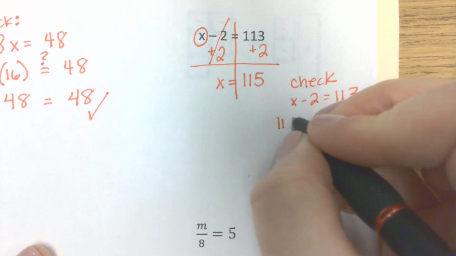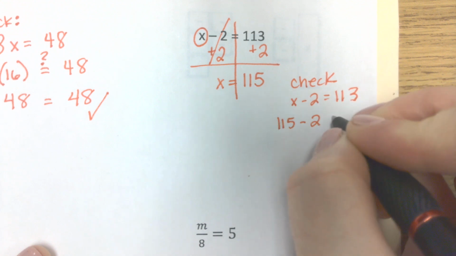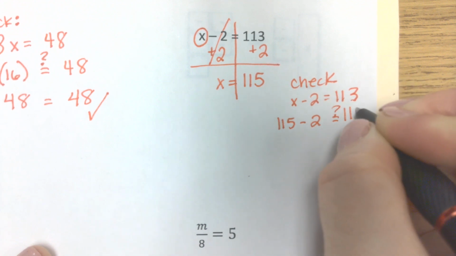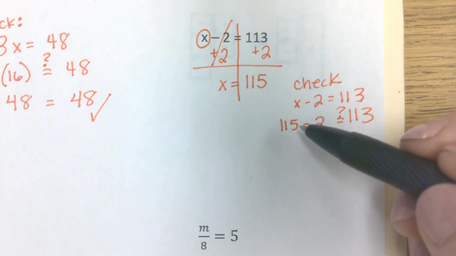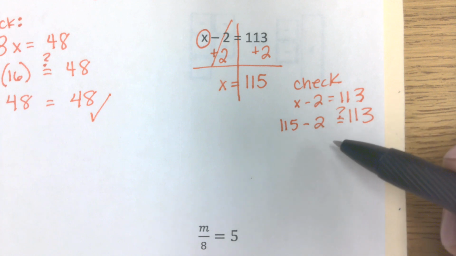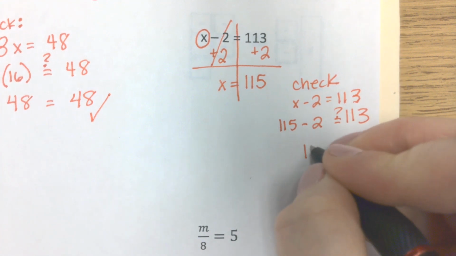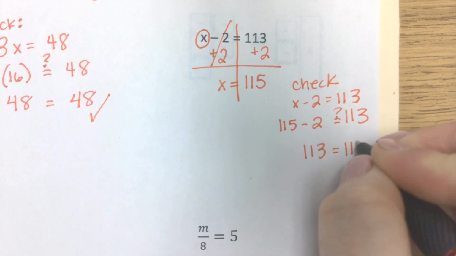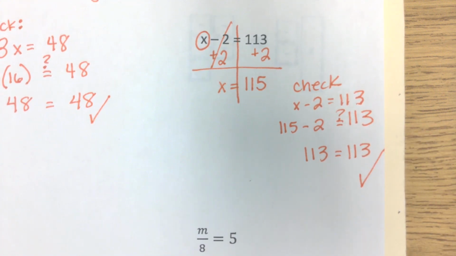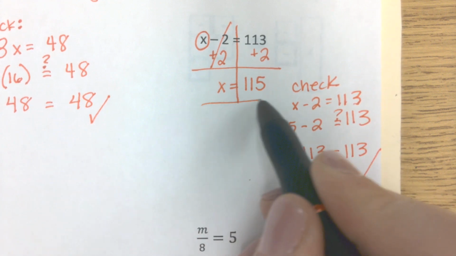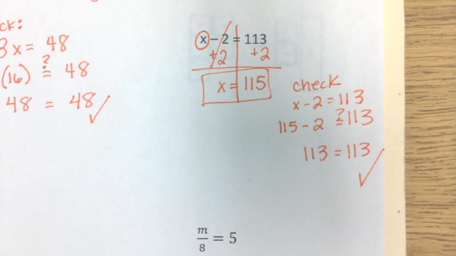So we have 115 minus 2 equals, with the question mark, 113. So if I have 115, I take 2 away, what do I get? 113. So that shows that I did it right. Put your check mark. So our answer is x equals 115.